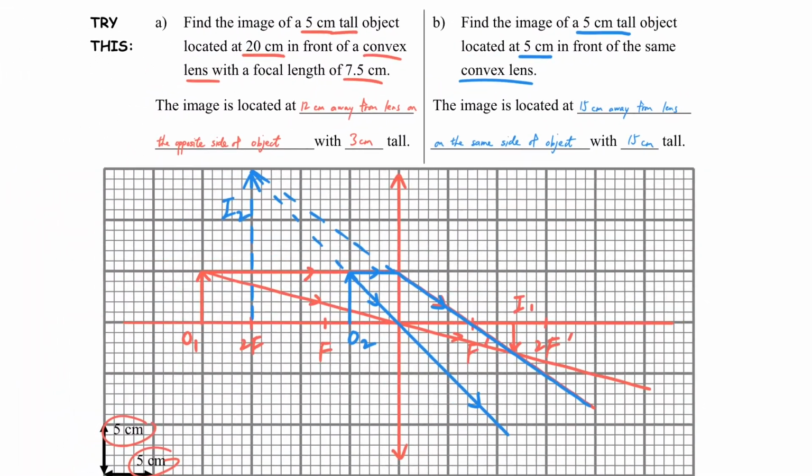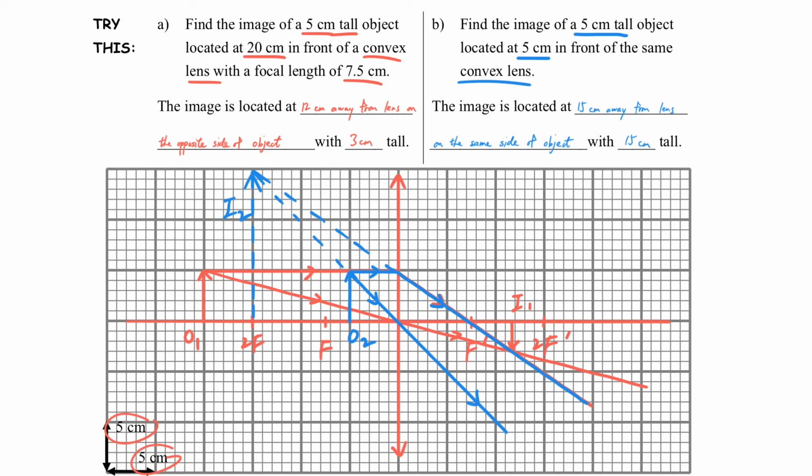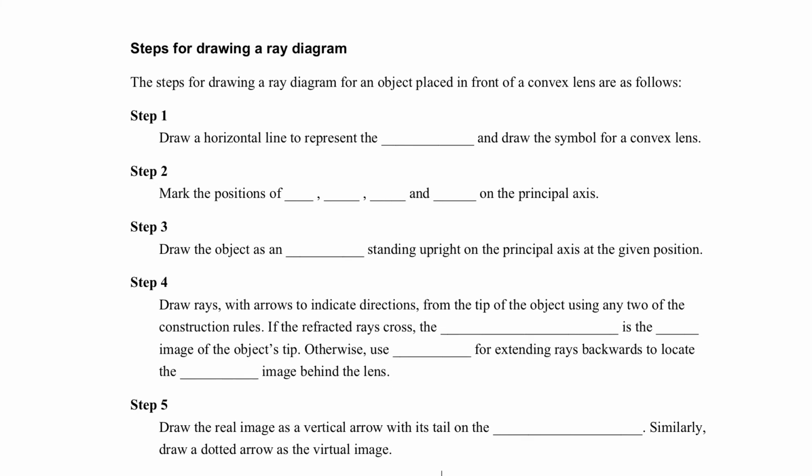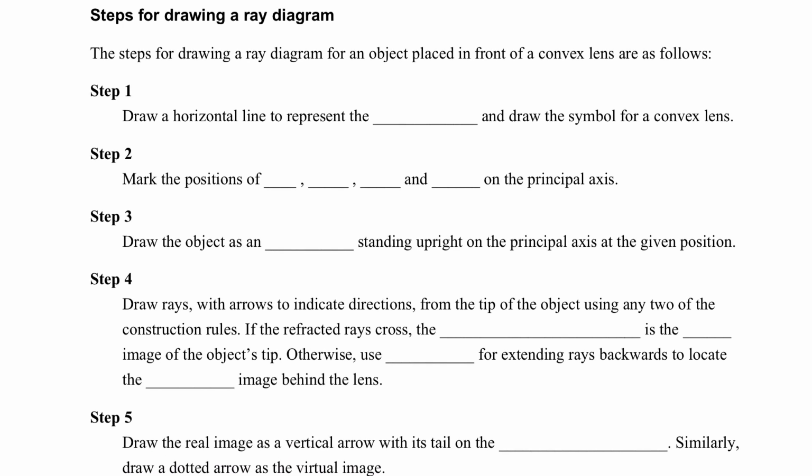With this diagram, we can observe that when the object is at a different position, the image will be located in a completely different position and even have a different size. So let's go through the steps again. Firstly, we draw the principal axis, and then we mark the positions of the focus and the double focus. We use an arrow to represent the object, and then we find the intersection of the refracted rays.